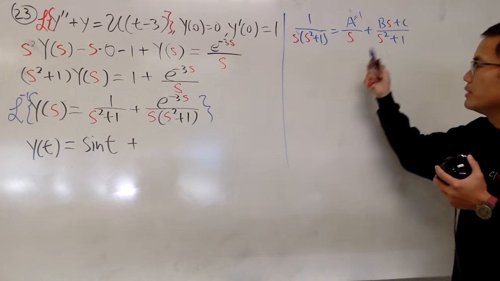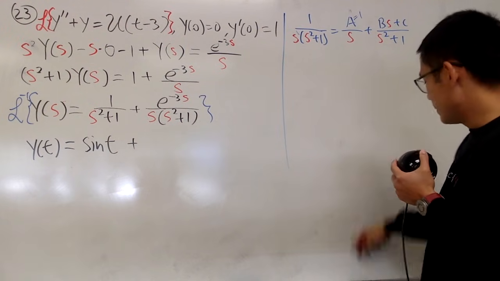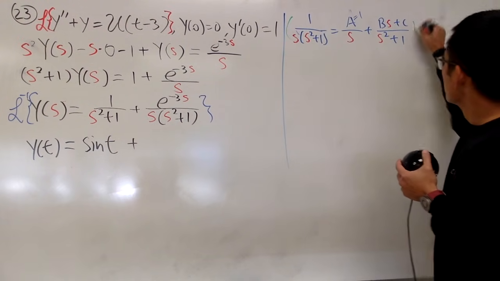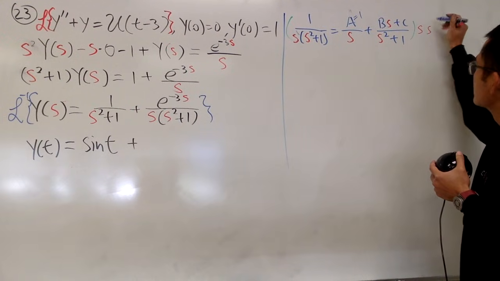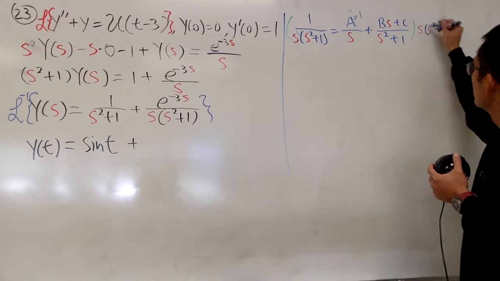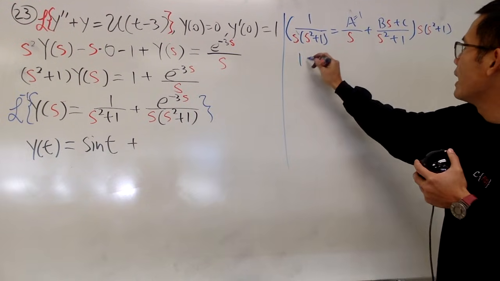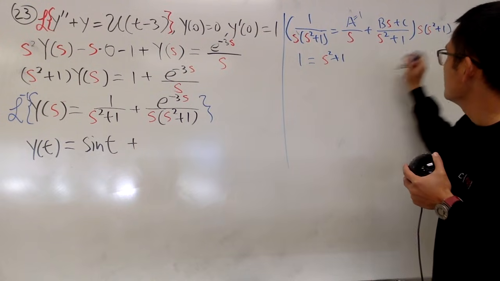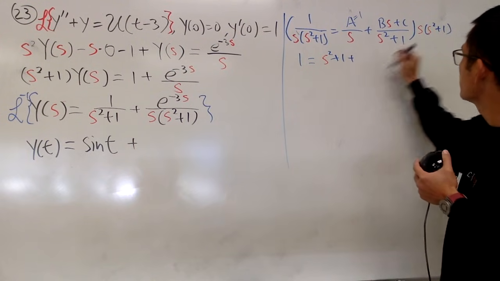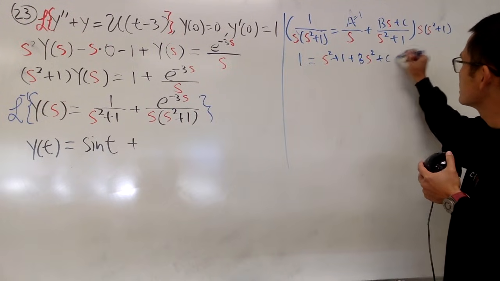Now let's see what we get. Multiply everybody by the denominator, s squared plus 1. We get 1 equals s squared plus 1, plus distributing the s, bs squared plus cs.